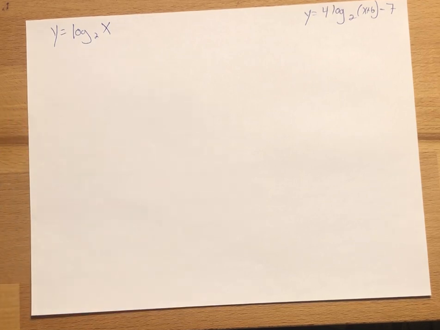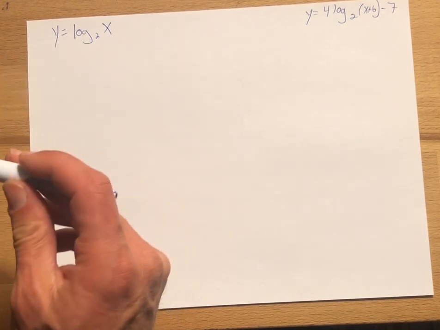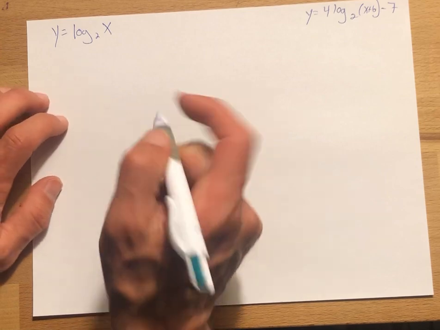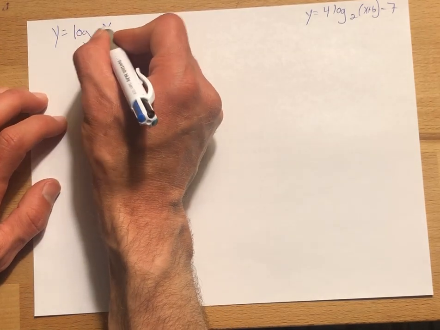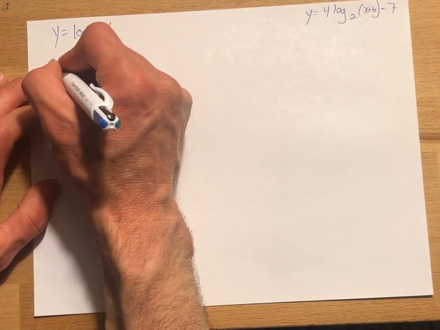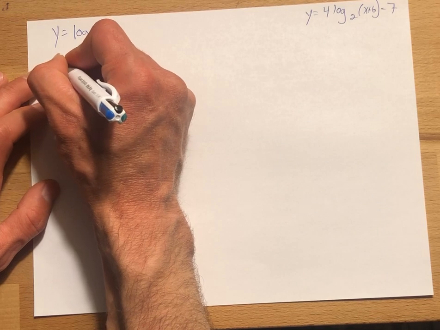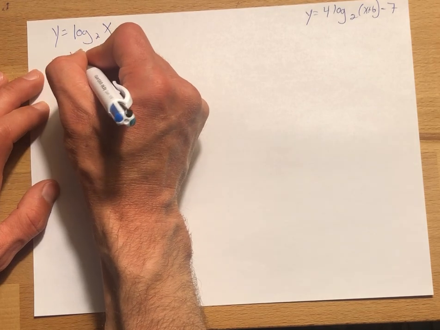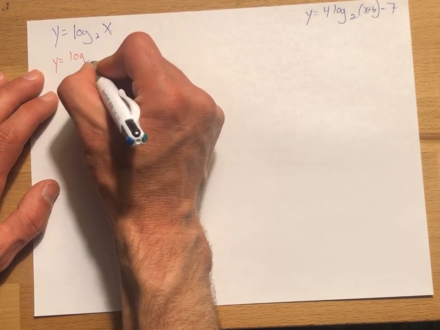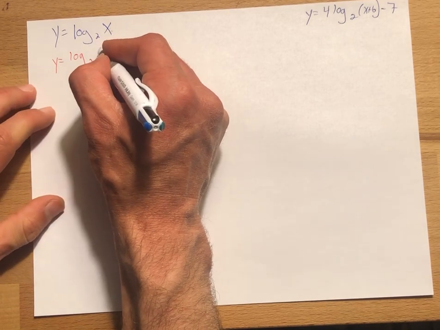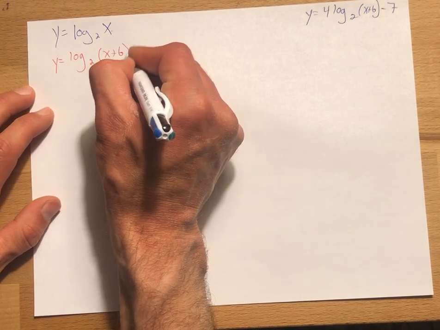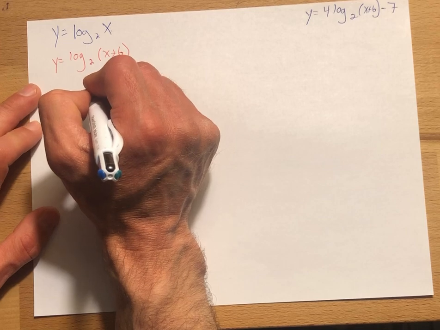Okay, so now you should have paused the video. Let's see how far you got. These are the steps that I'm going to do. I'm going to graph y equals log base 2 of x, not log 6. And then I'm going to graph the second one. I'm just going to go step by step. I'm going to replace x with x plus 6, which is a translation of 6 units to the left.